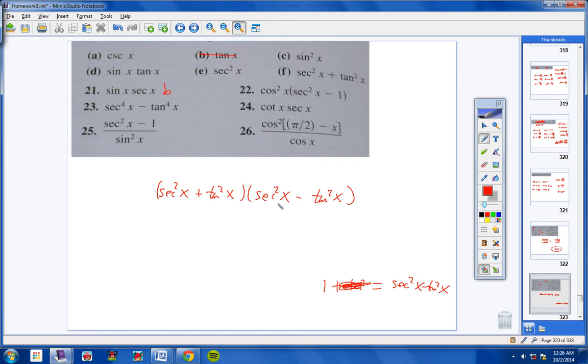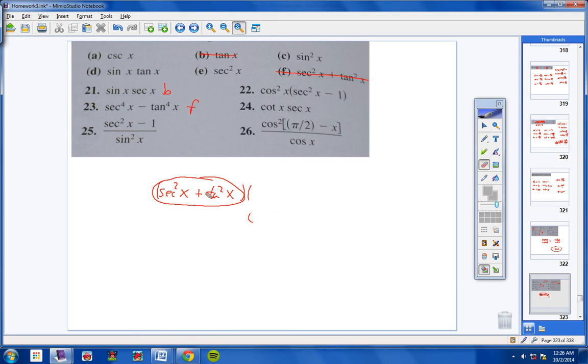Look what I have here. Secant squared minus tangent squared. So this whole parenthesis becomes a 1. And so this whole group here times 1 is just itself. So there's my answer. And look at that right there. Letter F, okay? So we're either getting lucky or we're doing pretty good. 1 to 2 here.